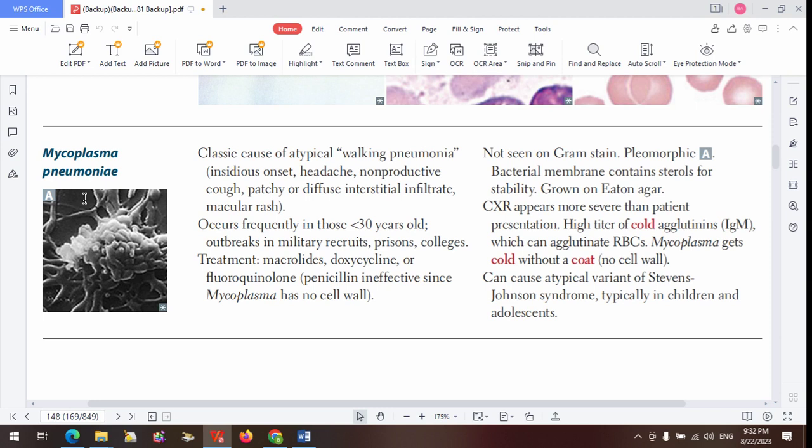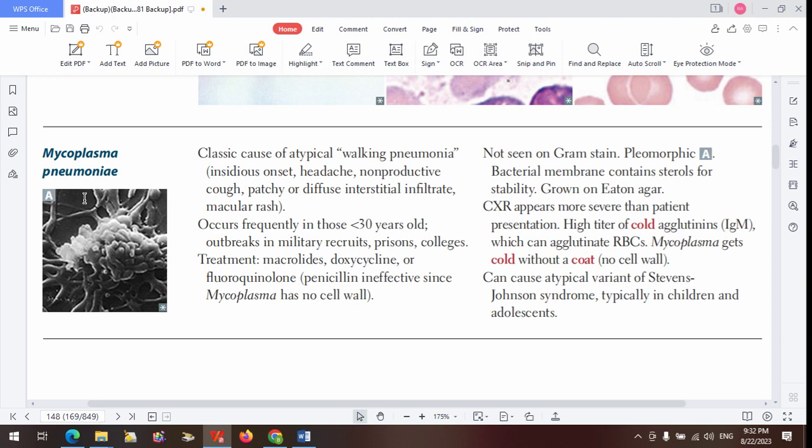One thing I always want to emphasize with respect to Mycoplasma pneumonia: number one, it typically occurs in young people, someone less than 30 years living in close contact, because it's transmitted through the respiratory tract. And Mycoplasma pneumonia is one of the causes of walking pneumonia. What do they mean? You will notice that when you do an x-ray of this patient, what we are going to see will not be in keeping with the presentation of the individual.